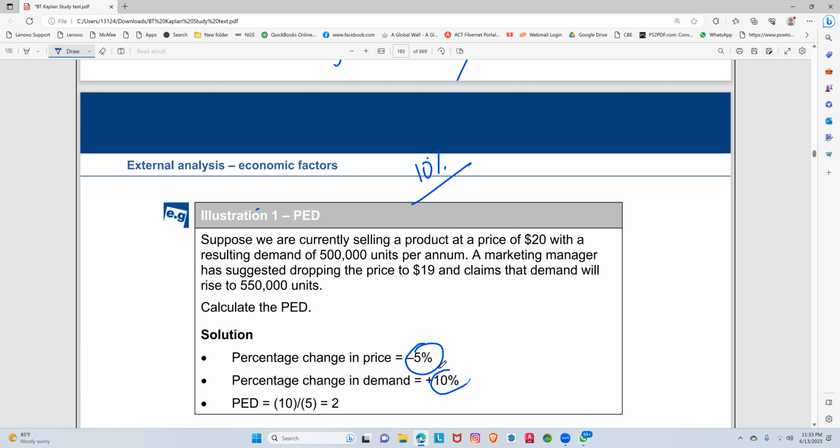Percentage change in demand is 10%. So percentage change in quantity demanded divided by percentage change in price, PED, is equal to 2.